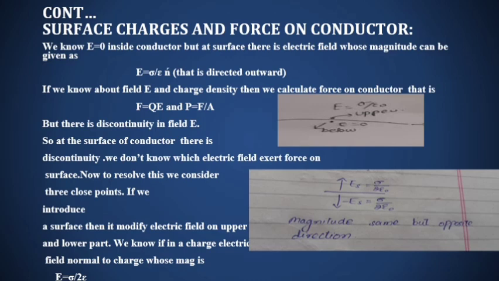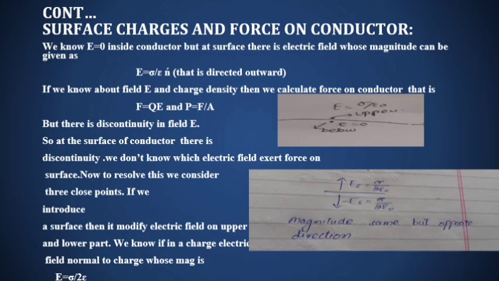If we introduce a surface charge, it modifies the electric field on the upper and lower parts. For a charged sheet, the field normal to the charge has magnitude E equals sigma over 2 epsilon. This means that in the presence of an electric field, a surface charge will experience a force per unit area, F equals sigma E.